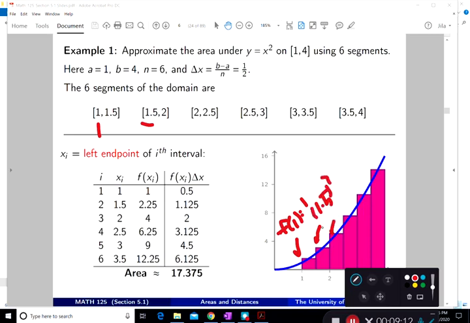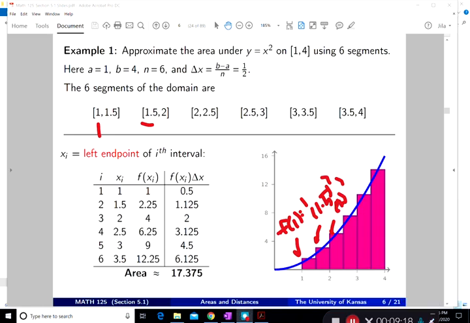Here, left endpoint is 2 to power 2, and so on and so forth. And you get all these areas of the rectangles. You add them together, and using the left endpoint sample, you approximate the area under the y equal to x squared.